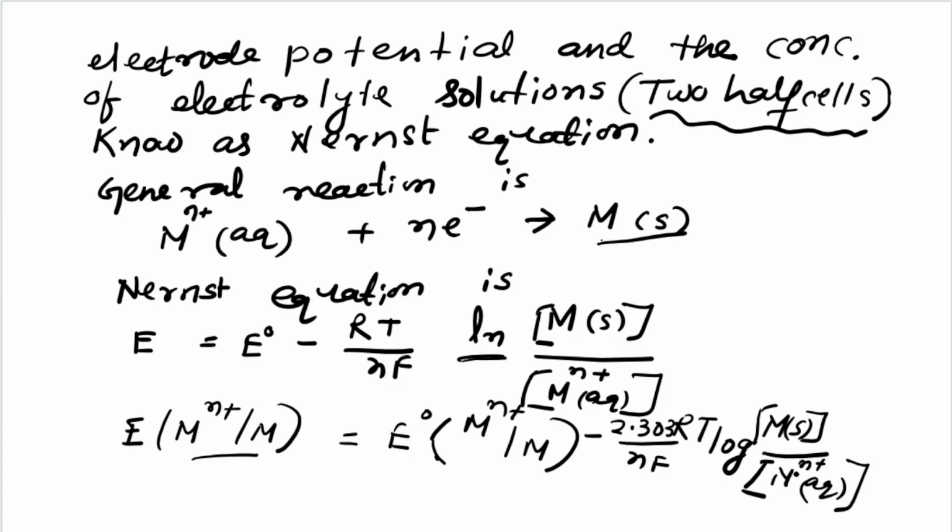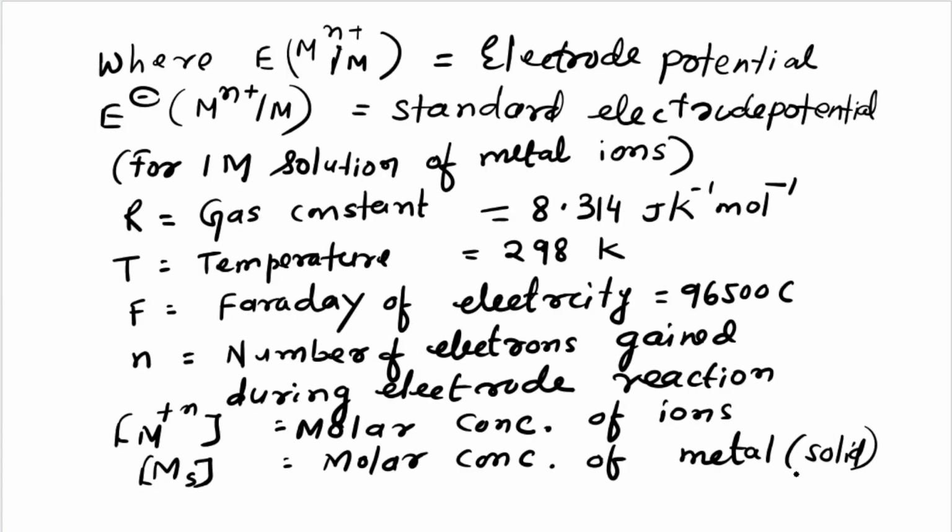So you put the particular values here. E is the electrode potential and E0 is the standard electrode potential. If the value is given, you put it, or you calculate it from the equation, and that is for 1M solution of metal ions.